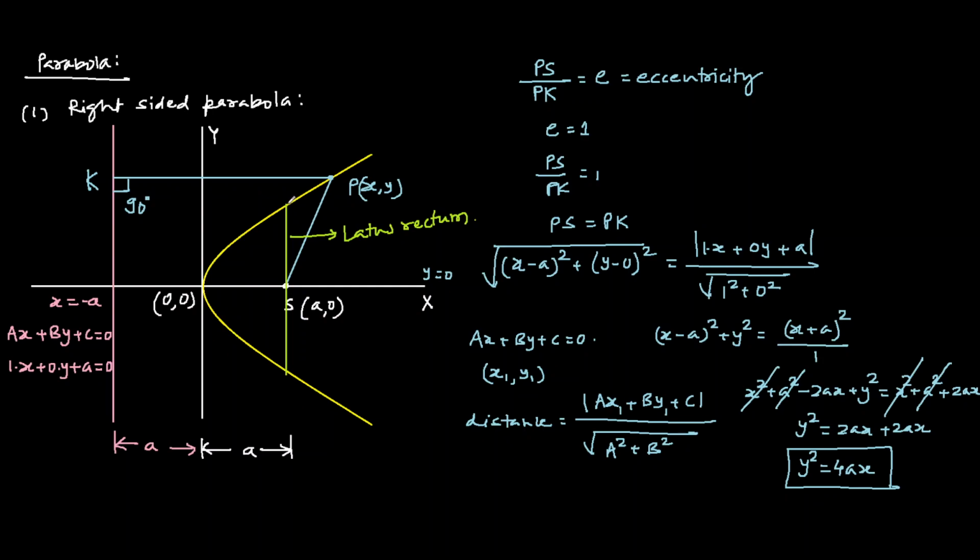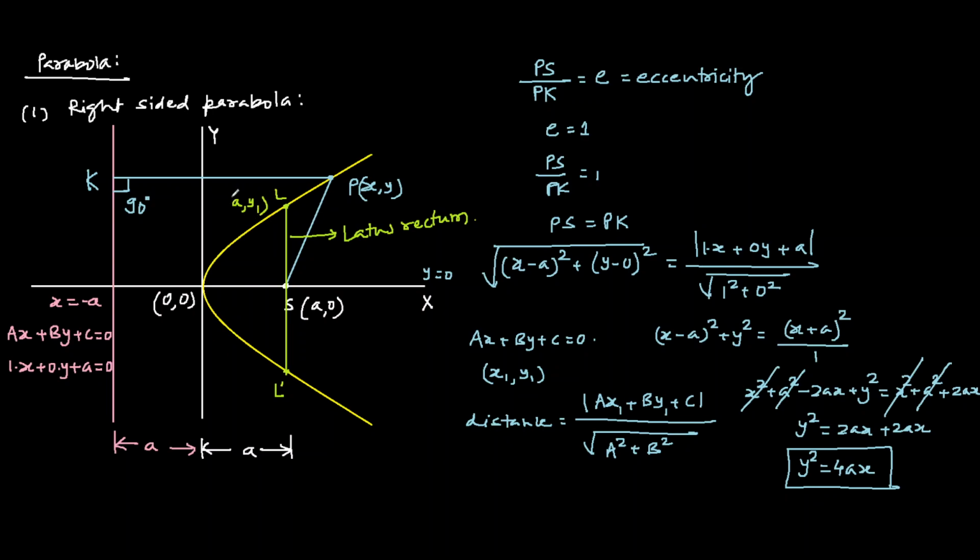Now we can find out the coordinates of the endpoints of the latus rectum, that is L and L dash. So the x-coordinate is a and the y-coordinate is unknown.